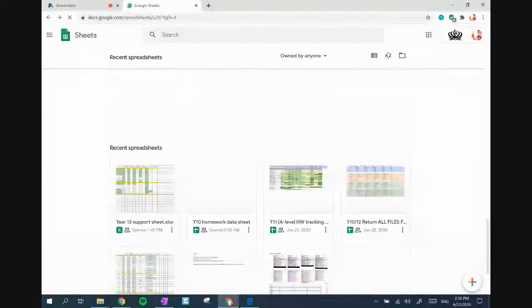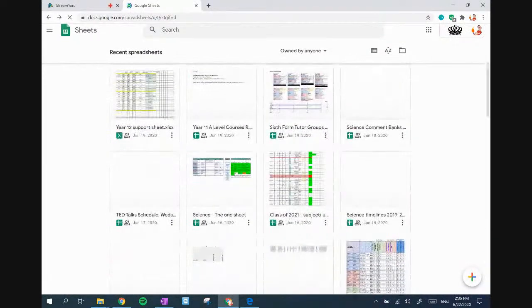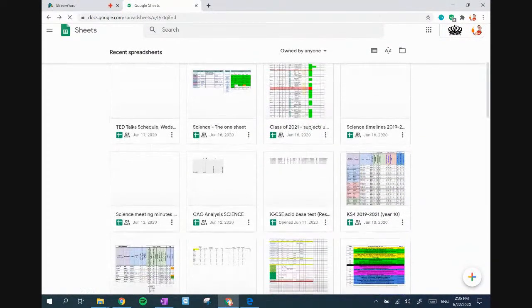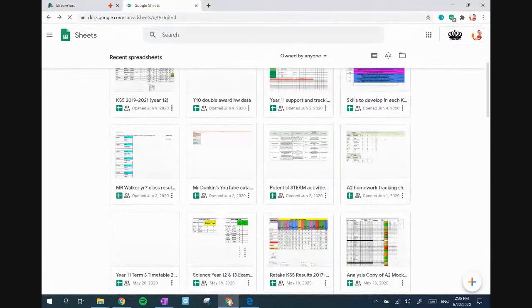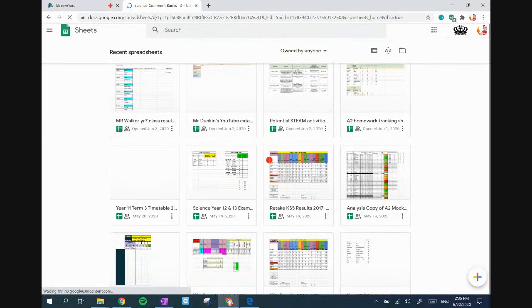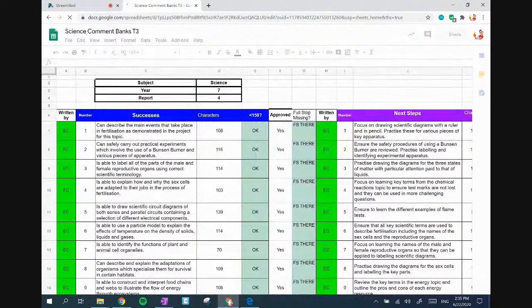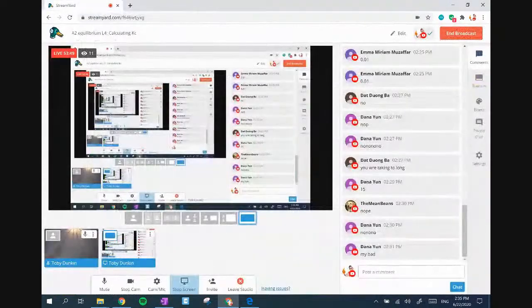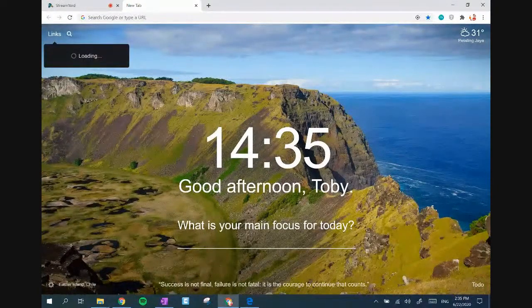What the devil? A2 homework tracking sheet. It's gone. Where's my A2 homework? I found it. Found it, found it, found it. Let's get rid of that. I've just totally lost it. I found it and then closed it.